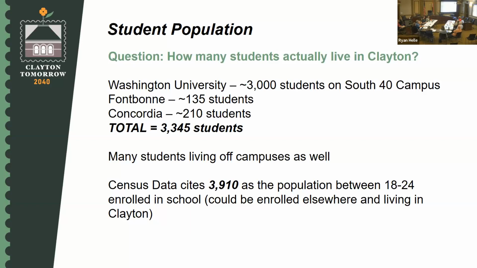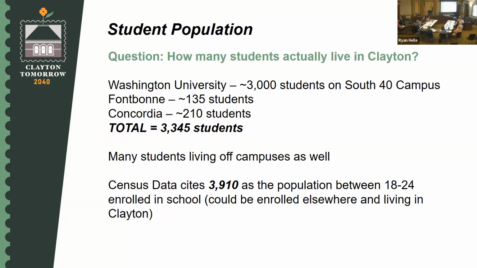When you look at Fontbonne and Concordia, the numbers get a little different because they may not be 18 to 22-year-old undergraduate students. Concordia, for example, has housing for families, for a married couple, and you might even have children. So they might not necessarily fall in that age bracket, but it's about as close as we can get in terms of a guess. So that gets us to 3,345 students. Then we tried to go in a different direction and look at the US Census.